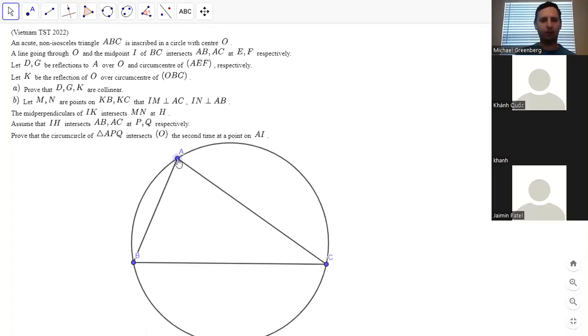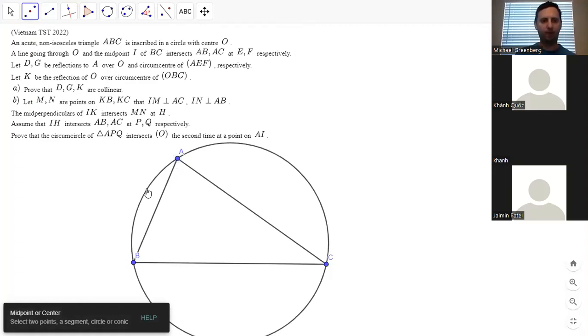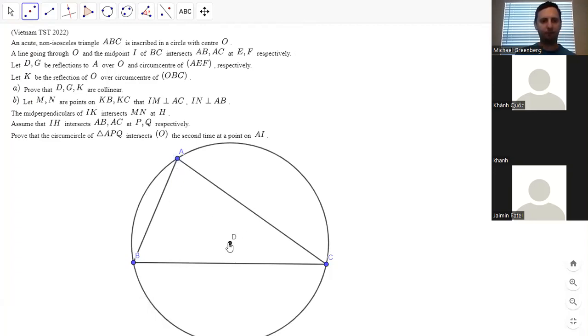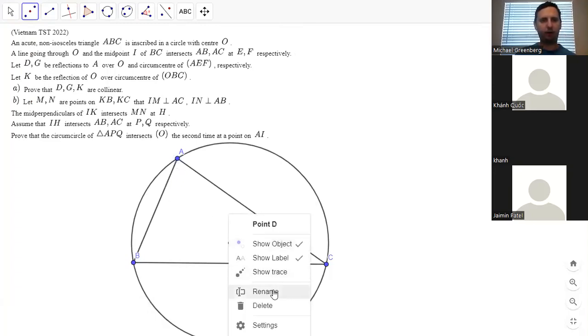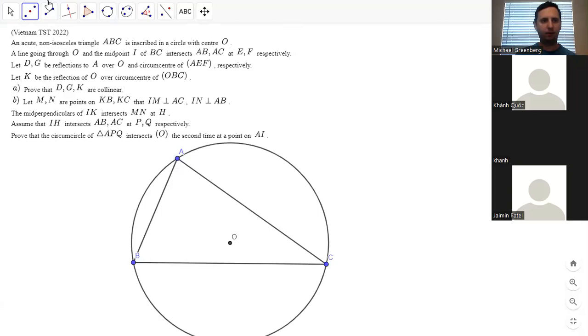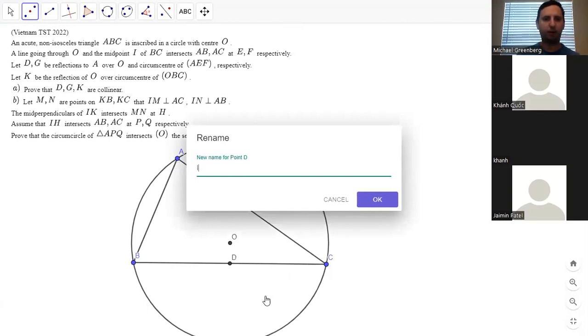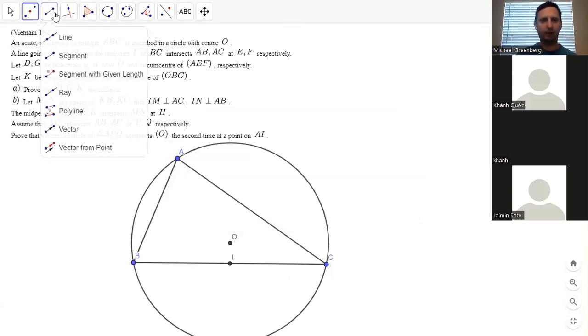Okay. So O is going to be the center of this circle. And then there's a line through O and the midpoint of BC. We call the midpoint of BC I. This is going to be the perpendicular bisector of BC. We want to see where it intersects AB and AC.